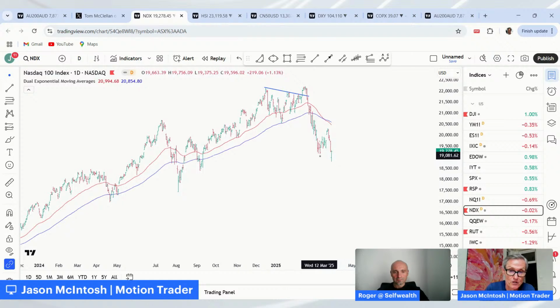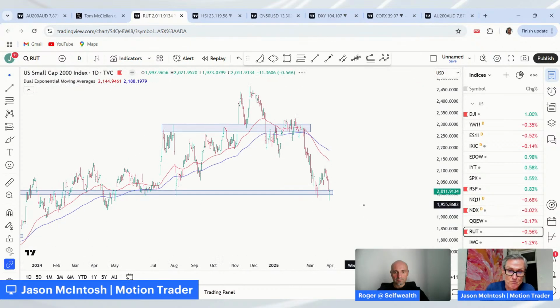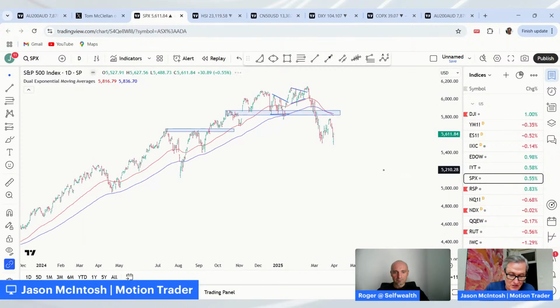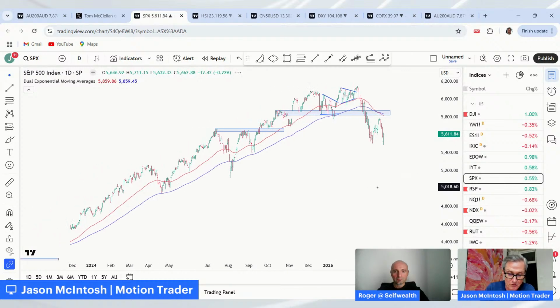It traded further below its mid-March low, and its rally is really just back around that mid-March low at the moment. And looking at the Russell, the small caps, again, there's a lot of deterioration in that price action as well.